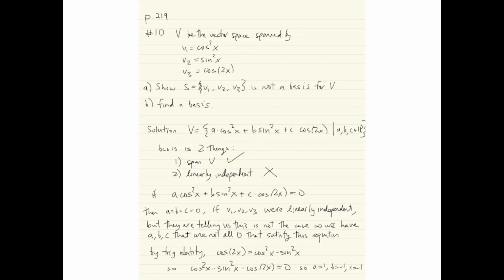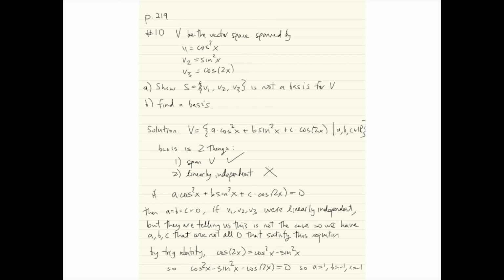Okay, so here's our vector space V. It's the linear combination of these three functions, and again, a basis is two things. It's got to span V, and it's got to be linearly independent. We'll see that these vectors essentially by definition span V, but they're not linearly independent.